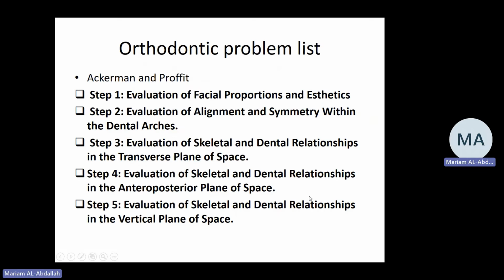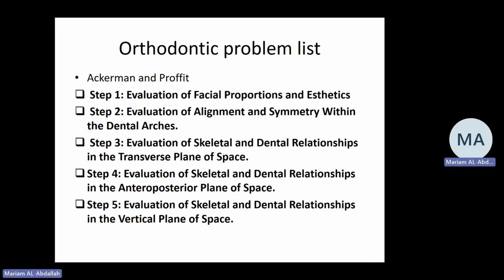Okay. Now, based on Ackerman and Proffit, there are 5 steps to formulate your problem list. The first one is to evaluate facial proportions and aesthetics. And then number 2 is to look at the alignment and space condition and symmetry of the arches. And number 3, 4, 5 is looking at skeletal and dental features in the transverse plane, anterior posterior plane, and vertical plane of space.